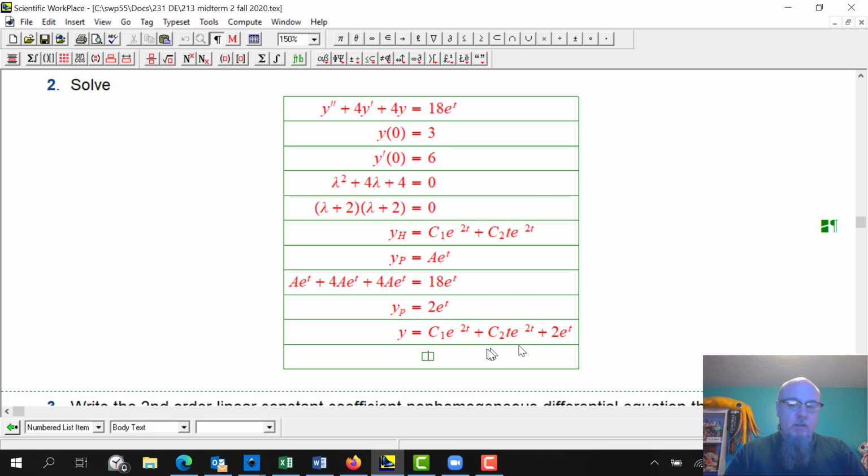Then when I set its derivative, well, let's do that then. Let's get those c's. When I make t equal to 0, that's going to be c1, e to the 0 is 1, plus c2 times 0, so 0, plus 2. So it looks like c1 is equal to 1.